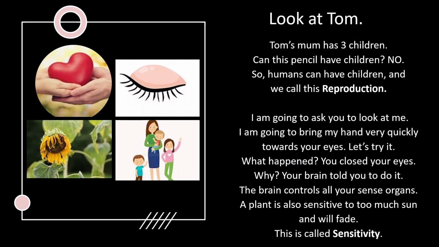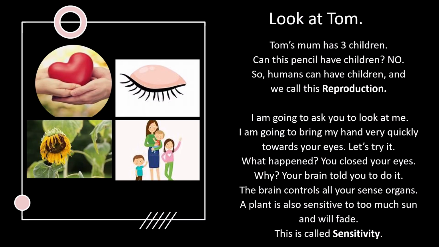Next, we move on to the next characteristics. Look at Tom. Tom's mom has 3 children. Can this pencil have children? No. So humans can have children, and we call this reproduction. I'm going to ask you to look at me. I'm going to bring my hand very quickly towards your eyes.